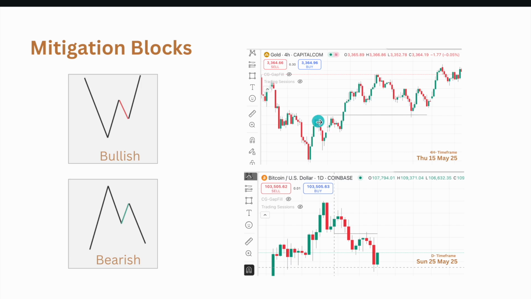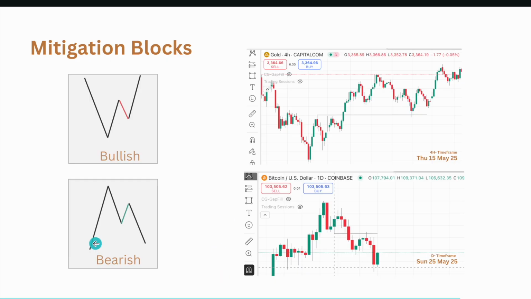So these four bearish candles constitute an order block. This order block is then revisited, tested, and price continues in the original direction. This is the entry, the mitigation block entry for a trade.